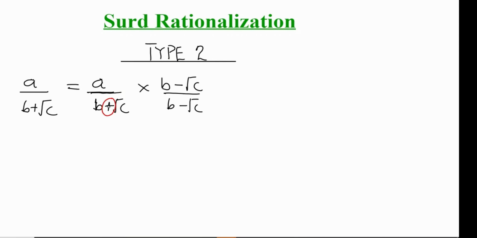Now its opposite sign here will be minus. So this is the process of rationalizing questions of this form. That is what we term as type 2. Now once we are able to do this, then we continue with our normal multiplication. Now having understood this, then let's solve questions related to type 2.